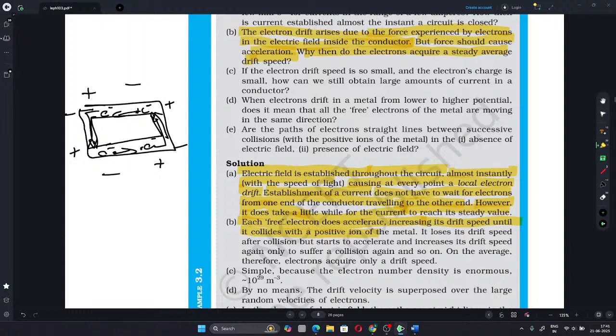Each free electron does accelerate, increasing its drift speed until it collides with a positive ion of the metal. It loses its drift speed after collision but starts to accelerate and increases its drift speed again, only to suffer a collision again, and so on. On the average, therefore, electrons acquire only a drift speed.